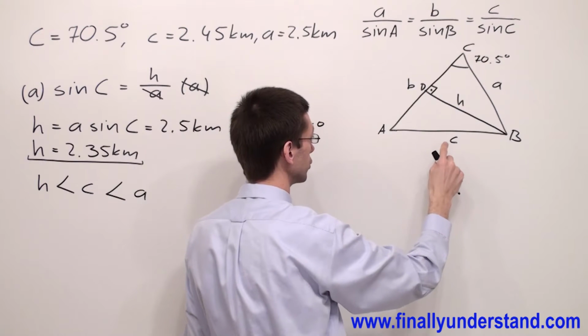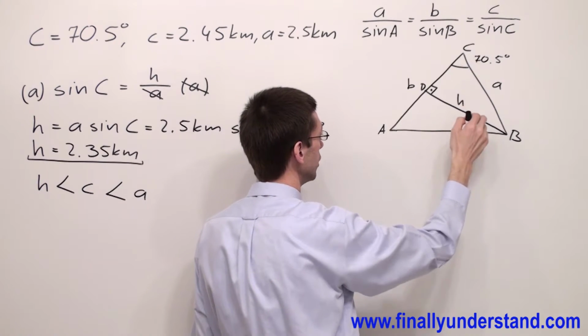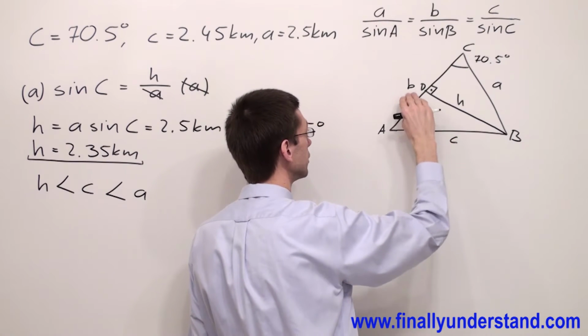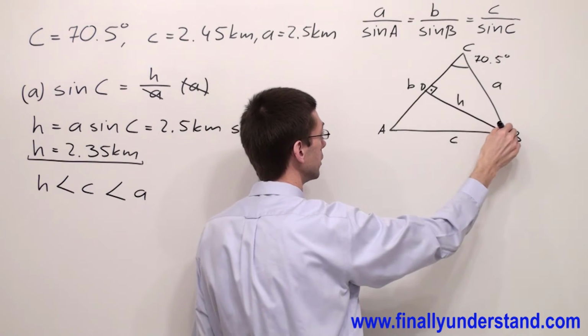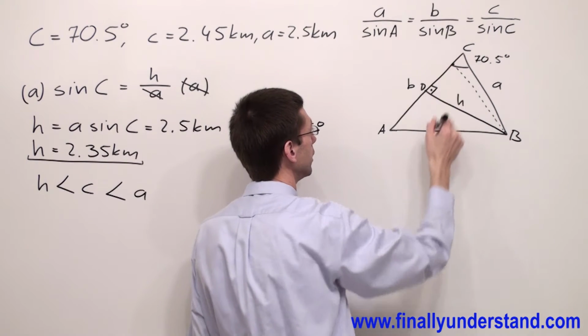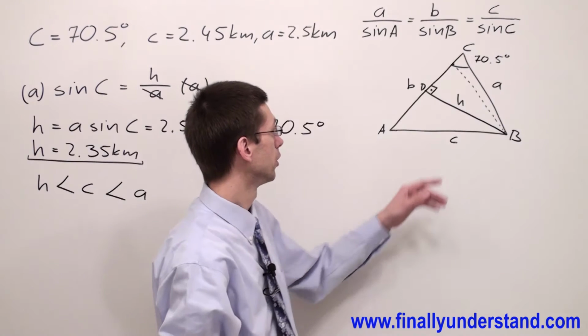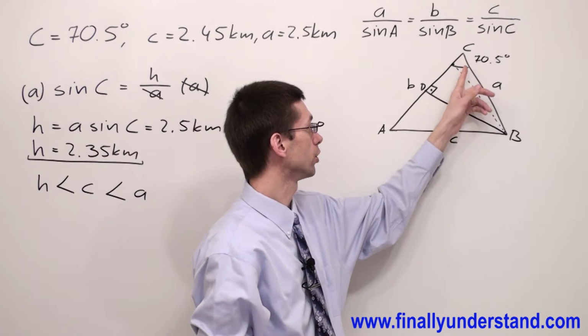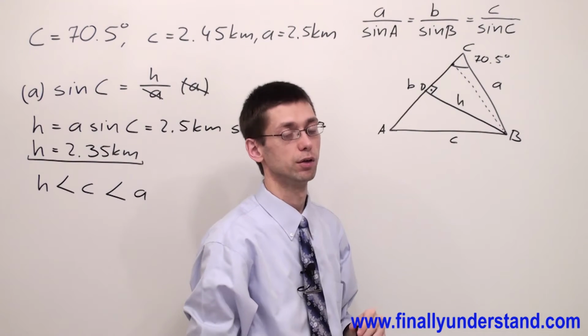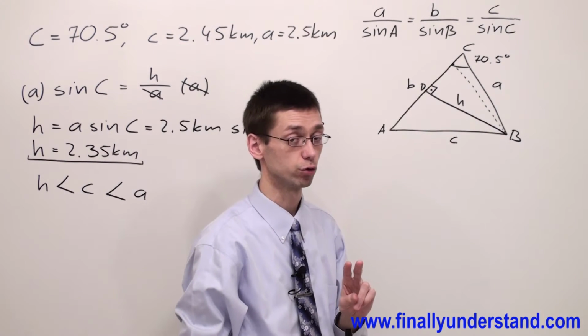But because C is greater than H, this C can be moved somewhere over here, okay? And we are going to have another triangle, which is going to have also angle C 70.5 degrees. So we're going to have two solutions.